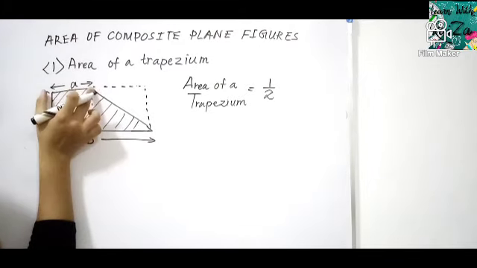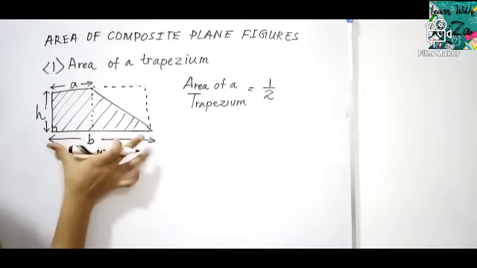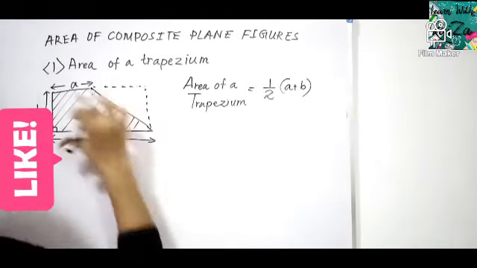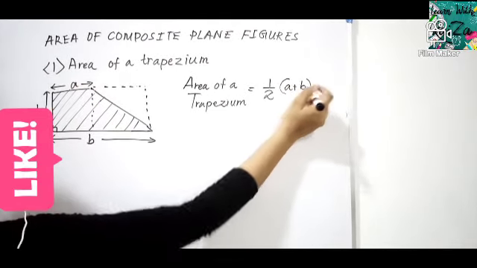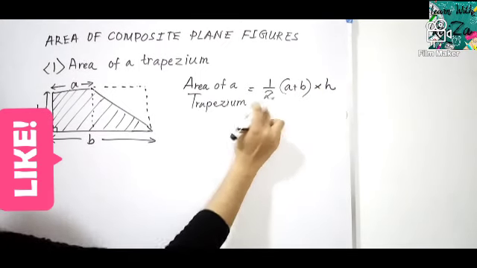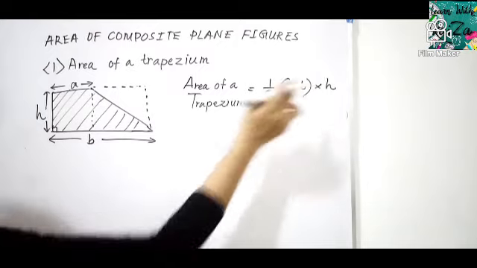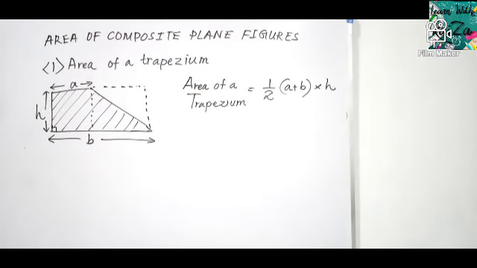Half into the sum of the short length and long length, a plus b, into the height. This is the equation for the area of a trapezium. Now let's do an example for finding the area of composite plane figures.